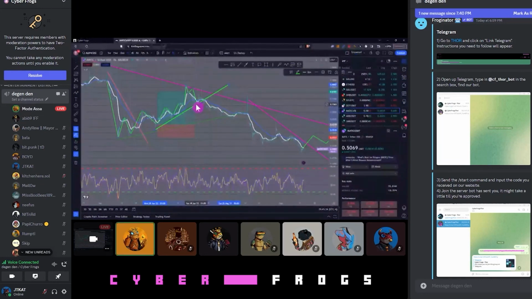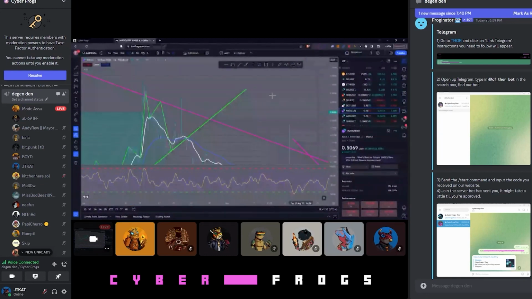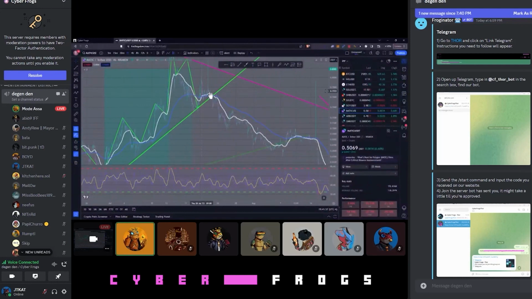So, even here, we found support and we started to pump, but then we found resistance and we didn't get the higher high, right? The fact we didn't get the higher high lets me know, okay, be careful. And sure enough, we got the higher low. If you want to look at it closer, you can even see where we broke, where we got the cross.